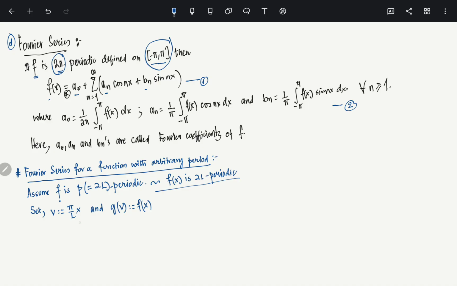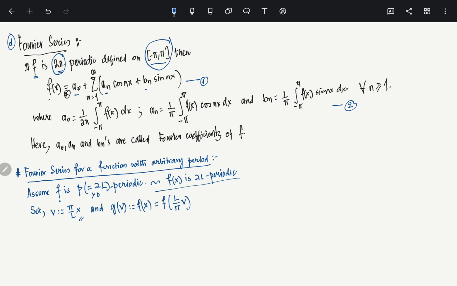And what is v? We are defining it to be pi by capital L times x. Of course L is positive, we know that, right? So all of this is defined, and then what is x here? x is L by pi times v, right?